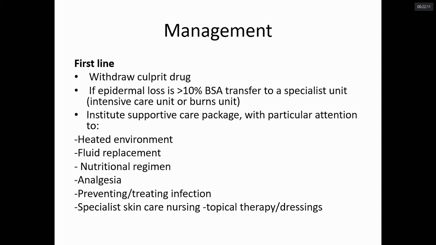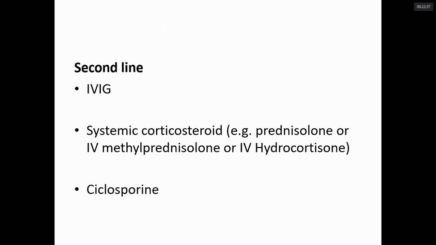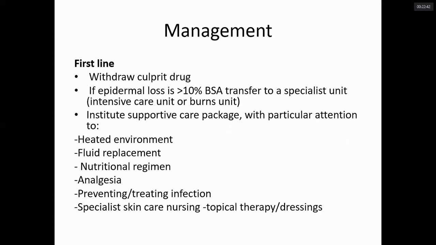And for the prevention and treatment of infections, if there are already signs of infection, we have to give IV antibiotics. For the prevention of infection, we do regular dressing with normal saline or potassium permanganate, and we apply Vaseline gauze piece over the denuded area. This is the most important management.